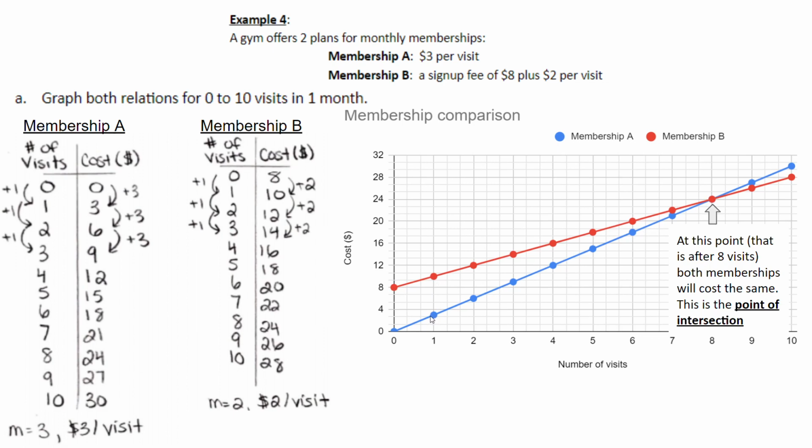However, after the point of intersection, membership A will actually be more expensive than membership B, because they don't have the same slopes, so they cross each other. At this point of crossing, the point of intersection, whichever option is most profitable for the buyer will end up switching.